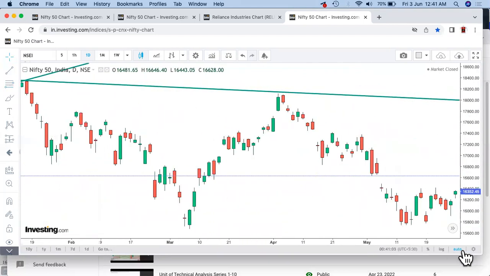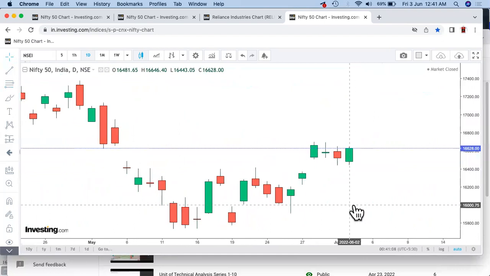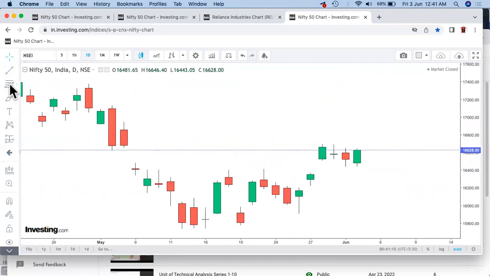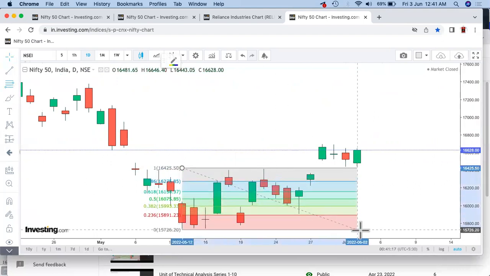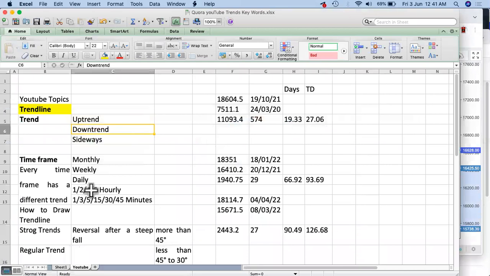Or probably we'll just take a recent example that we saw a week or two back, where we had also seen this point very precisely, and from here the market started moving up. So what we say is we saw how to draw a trend line for those parts, right?